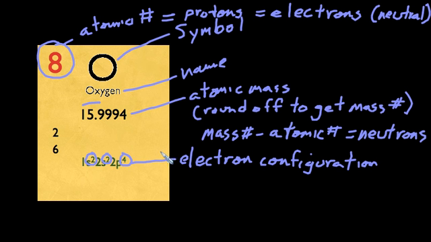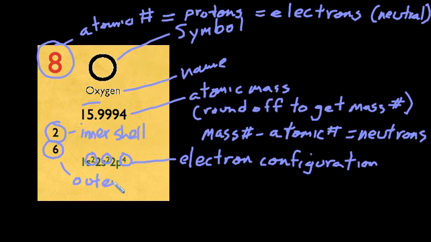Now, your periodic table in our physical science book probably doesn't even show the electrons. In the biology book, it shows numbers like this: 2 and a 6. 2 is for the innermost, lowest state electron shell, as we call it, and this is the outer shell.